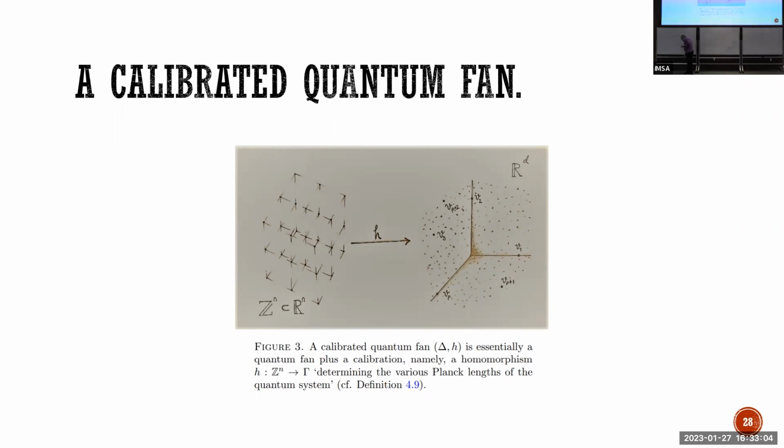The moduli space, I should have said, will have D and N. Here N is the dimension, N is R to the D, and D is the combinatorics of the fan. It's a poset, the combinatorics of the fan.